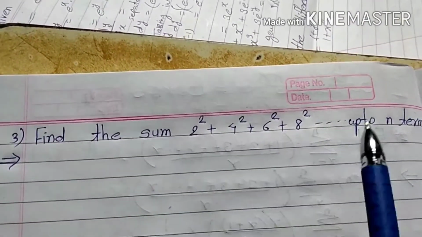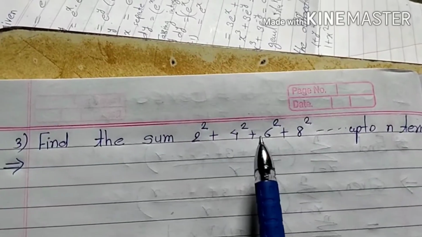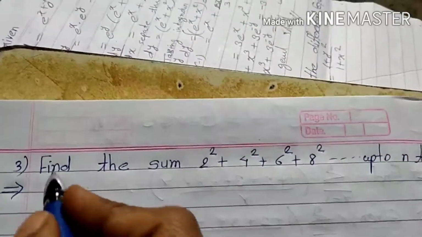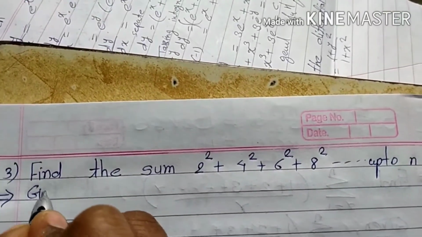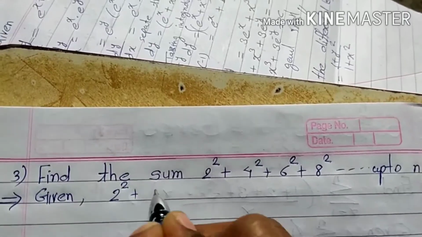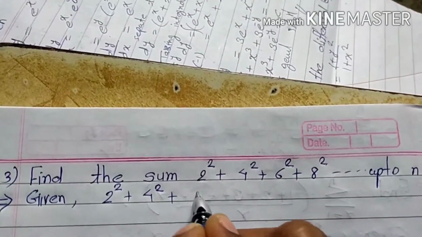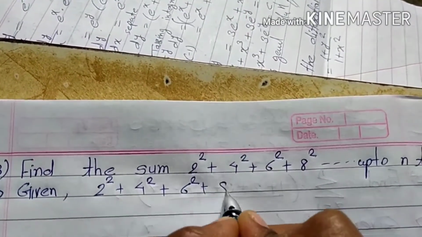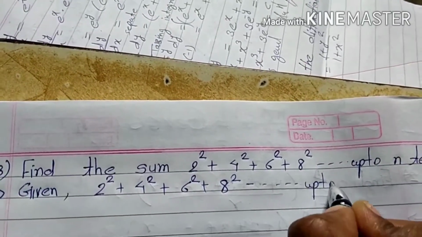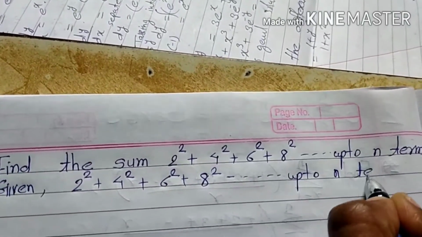Find the sum 2 square plus 4 square plus 6 square plus 8 square up to n terms. So given 2 square plus 4 square plus 6 square plus 8 square up to n terms.